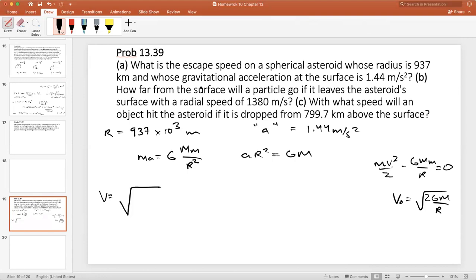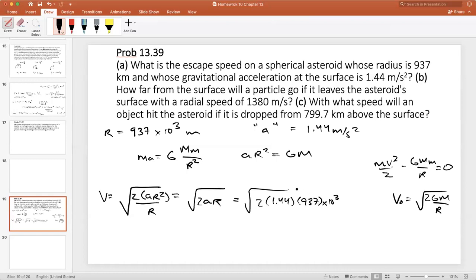So we have that all good. We can quite easily see here that if we plug in for GM, AR squared over R, right? Then one R goes away. And we get 2AR, which is 2 times 1.44 times 937 times 10 to the third.